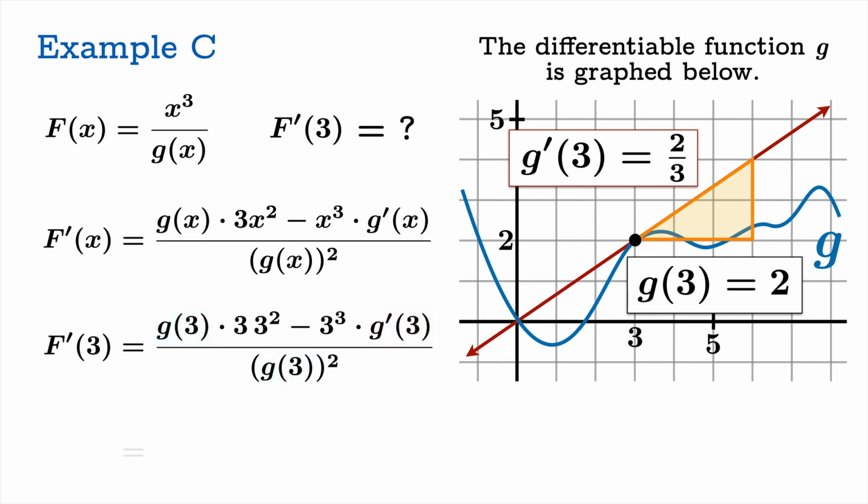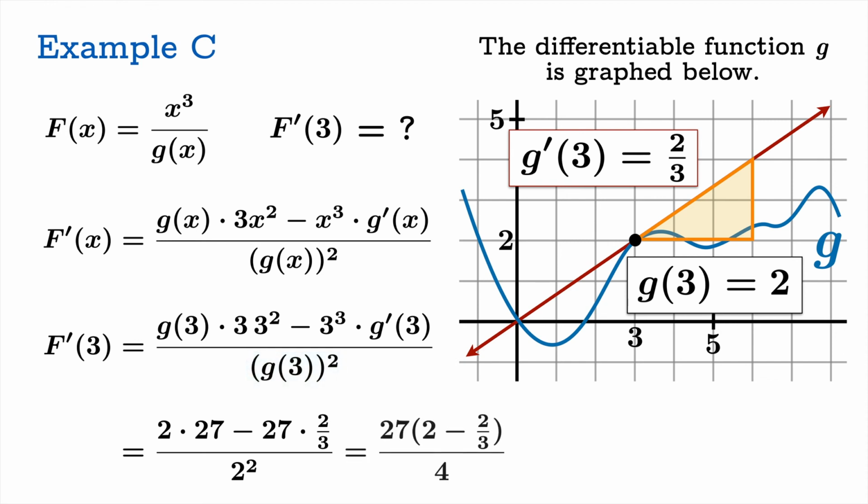And so F prime of 3 is going to be 2 times 27 minus 27 times 2/3 over 2 squared. And now we'll just factor out the 27 and replace 2 squared with 4. And actually we can multiply top and bottom by 3. And we get this expression.